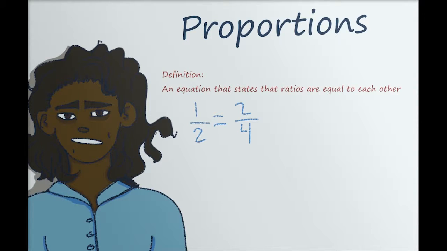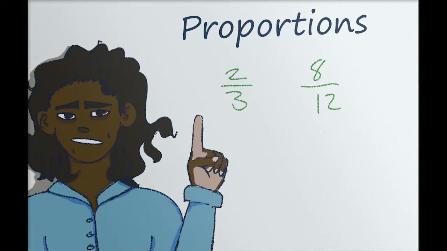So let's get in a few practice problems so we can fully understand how proportions work. So here we have two fractions, and apparently they're equal to each other. Or we need to see if they are. So the first thing that we need to do is find a common denominator between these two fractions. So how we can do that is we can multiply 3 by 4 and 2 by 4.